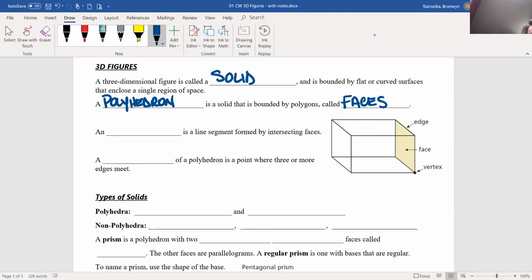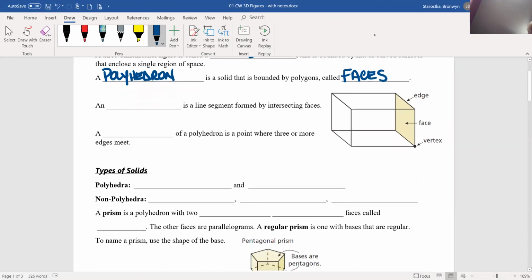And remember, a polygon is that two-dimensional closed shape, no curves, no lines crossing, right? So a polyhedron is a solid that's bound by those flat polygon shapes that we're going to call faces.